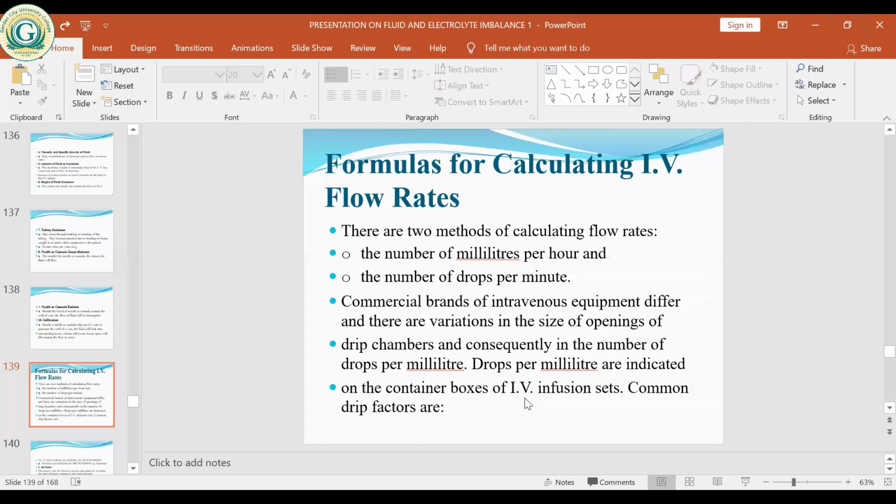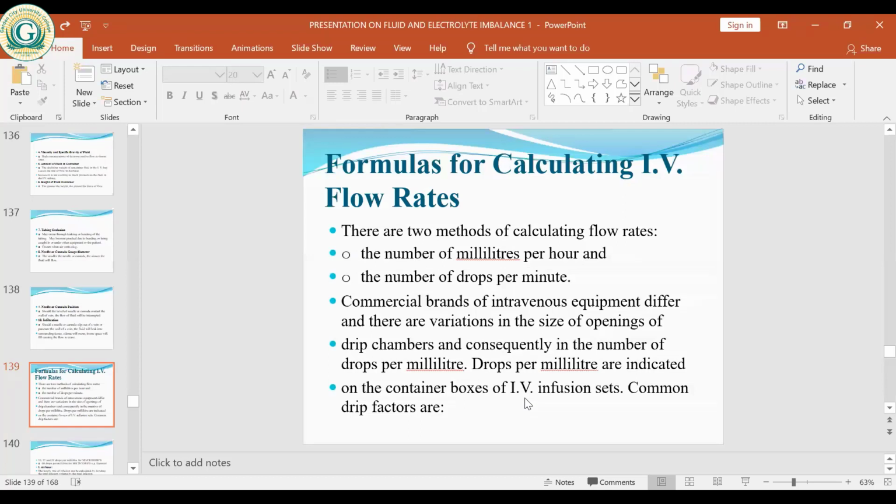So the question may ask you to calculate in milliliters per hour or in number of drops per minute. If it is the number of drops per minute, the formula is different. If it is milliliters per hour, the formula is also different.